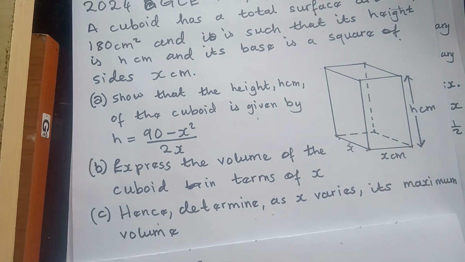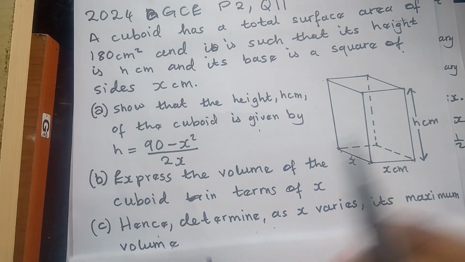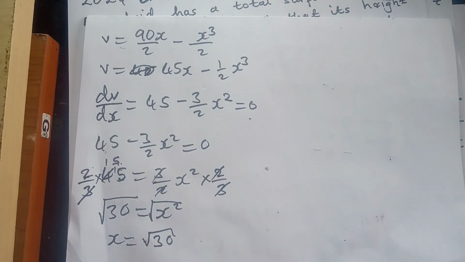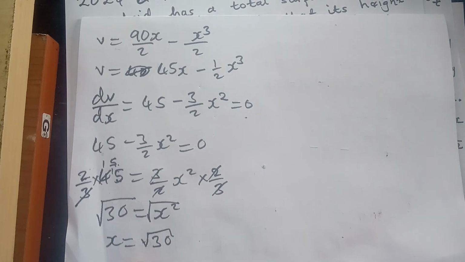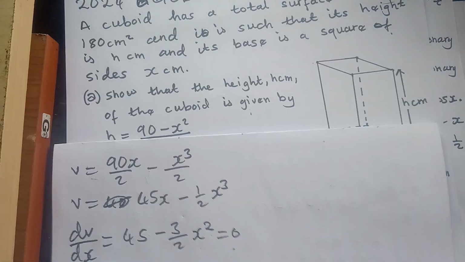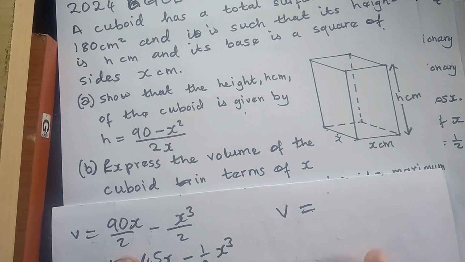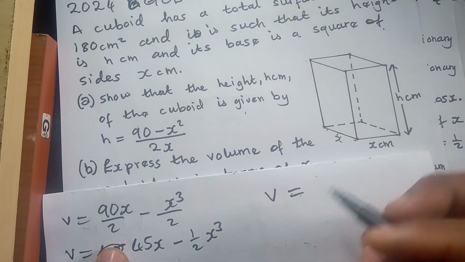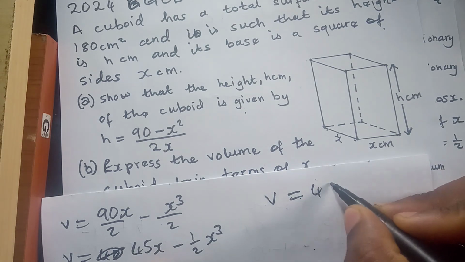So now to find the maximum volume, you can simply use this x there. If you want, you can punch it on your calculator to find the approximate value, but I don't like that. So V is given by this. I can use this version of it, 45.